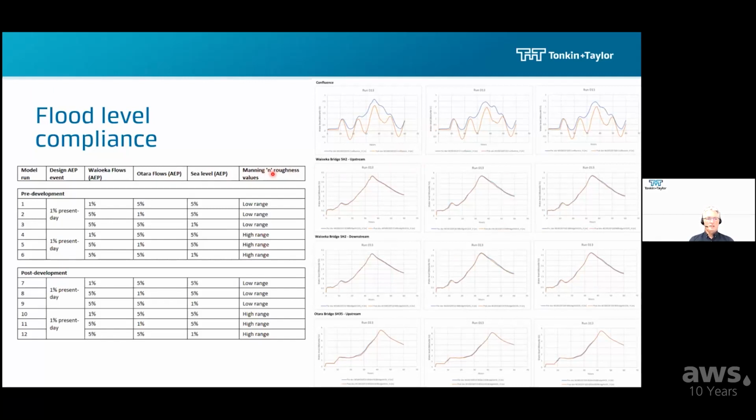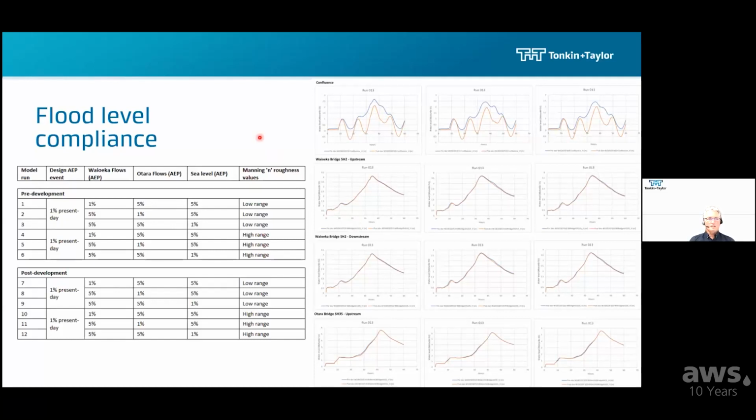What you do see here is I've got a column called Manning's n roughness, low range, high range. Because the model wasn't in a purist sense properly calibrated, we ran everything on a sensitivity basis where we looked at an upper and a lower bound and made sure that we were happy with the answers at either upper or lower bound, in which case we were satisfied that the model was giving us results that we could believe.